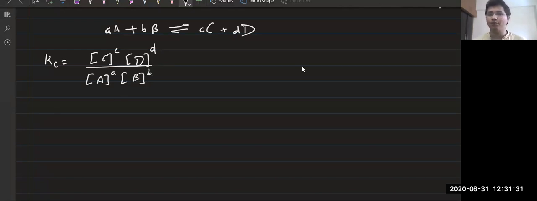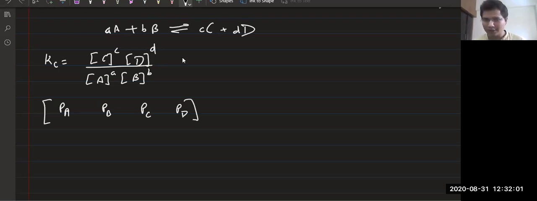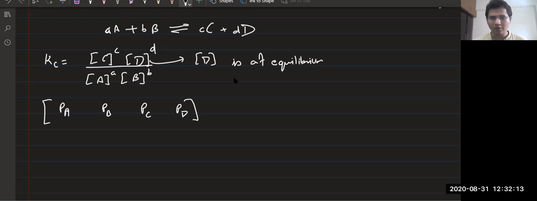Now suppose, instead of concentration, I take partial pressure of A, partial pressure of B, partial pressure of C, partial pressure of D. Before that, let me ask you: is this concentration at equilibrium or the initial concentration?